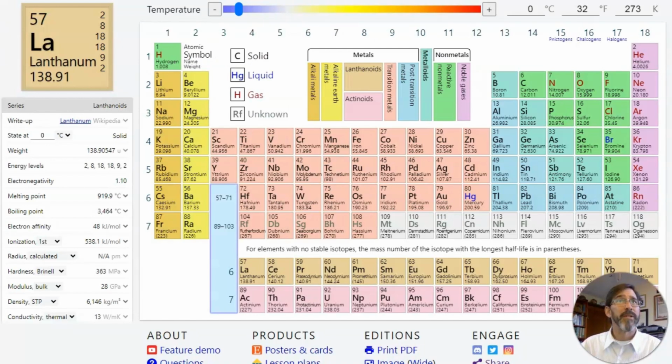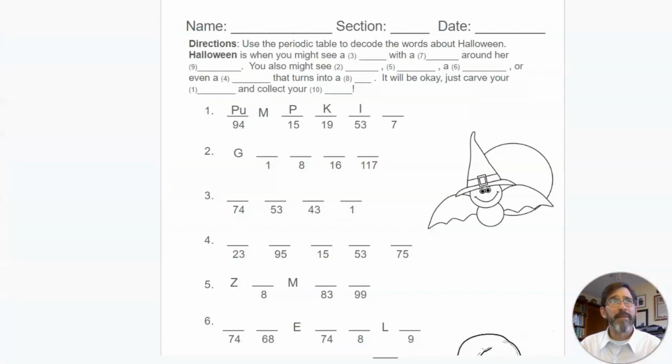You'll find number 7 toward the top of the reactive nonmetals. That would be nitrogen, capital letter N. Above the number 7, go ahead and put a capital letter N.